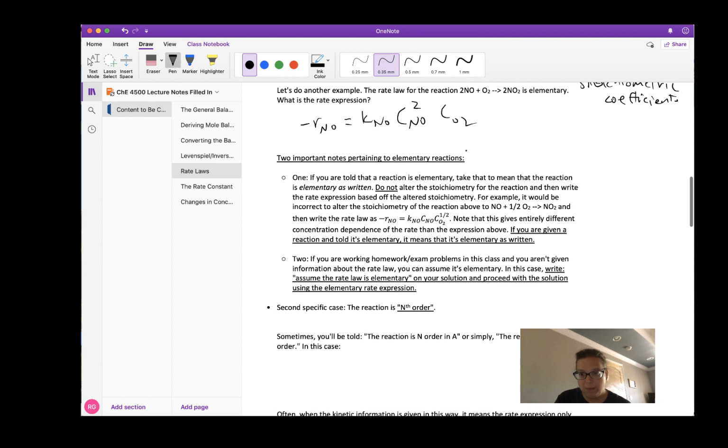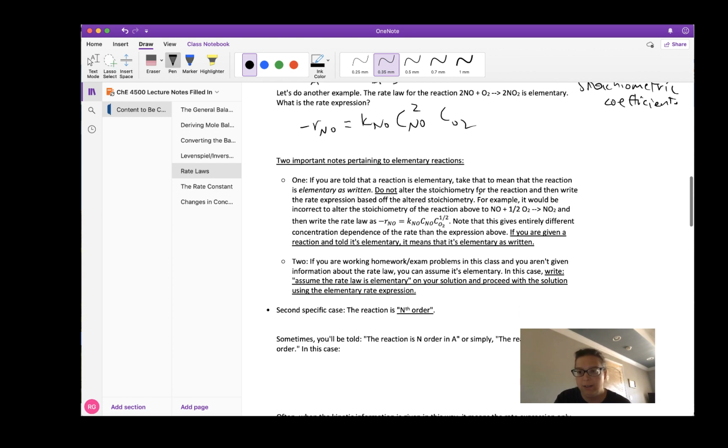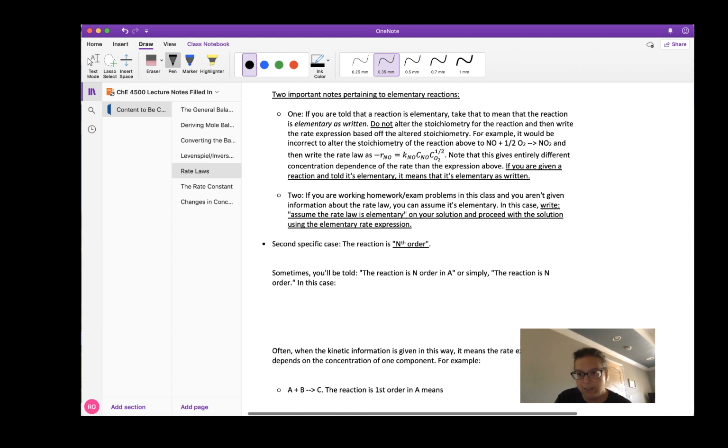So in this example, the nitric oxide oxidation reaction, the stoichiometry as given is 2 moles of NO reacts with 1 mole of oxygen to form 2 moles of NO2. It sometimes is convenient to reduce this stoichiometry, divide everything by 2, and get this stoichiometry: 1 mole of NO reacts with half of a mole of oxygen to form 1 mole of NO2.